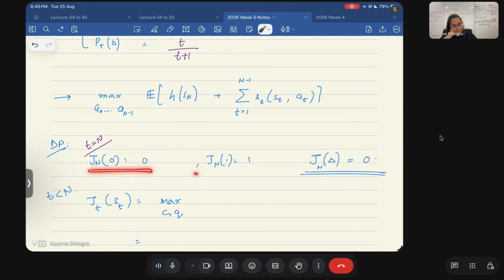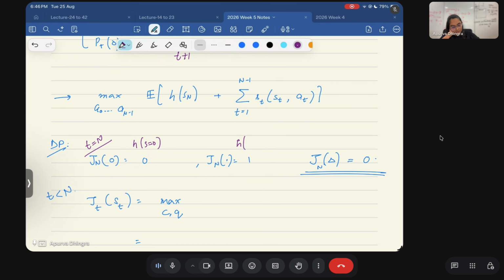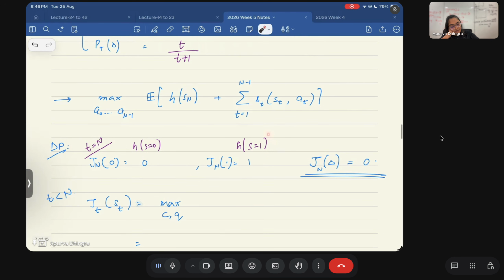These are the terminal state cost. This is h of s equal to 0. We said that is 0, you get no reward. H of s equal to 1, you get full reward. That's exactly what has happened. This is anyways a good thing. See, if the last candidate is the best candidate so far, you actually managed to get the best candidate so far. So your reward should be the maximum reward that there is.